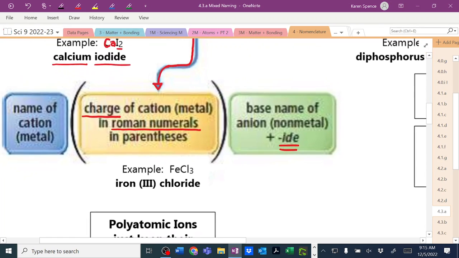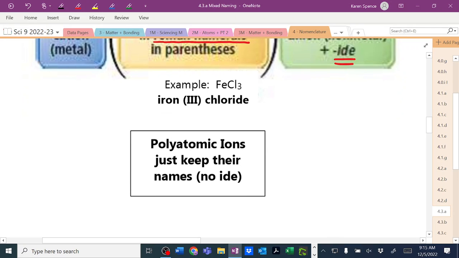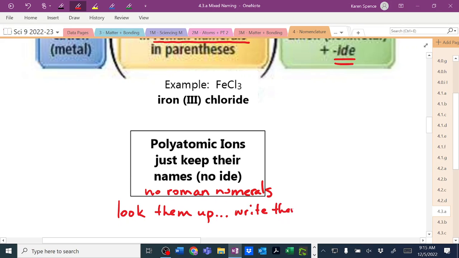So for example, FeCl3 would be iron(III) chloride. Now this little flowchart doesn't mention polyatomic ions, so I put that down here. Polyatomic ions just keep their names. There's no "ide", there are no Roman numerals. They're super easy. You just look them up and write them down. So those are your ionic compounds.